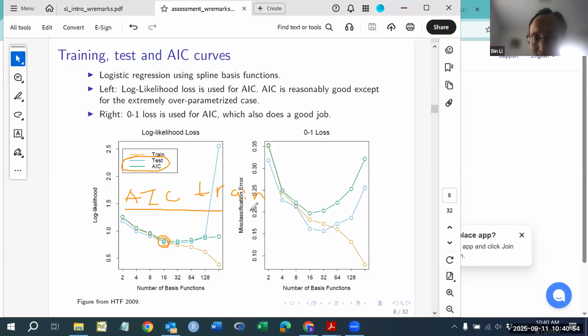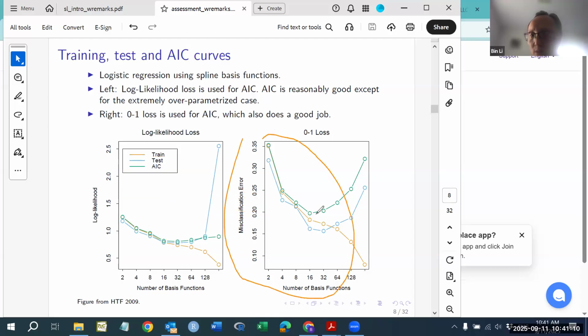So by using the AIC, we can have a good approximation of the behavior when we evaluate on an independent test set. The right panel is the misclassification error. Similarly, the training error is monotonically decreasing, but the test error and the AIC are U-shaped. So this example shows that the AIC works very well in practice.